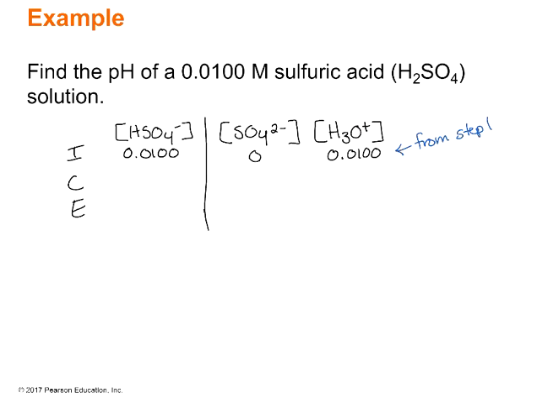Now, we don't have any of our sulfate ion just yet, but once the reaction gets going, we're going to lose some amount of our reactant, and then we're going to gain that amount in our products. And then for equilibrium, our expressions will be 0.01 minus X for the reactant. For sulfate, it's just X. And for the hydronium ion, it will be 0.01 plus X, like we saw previously.